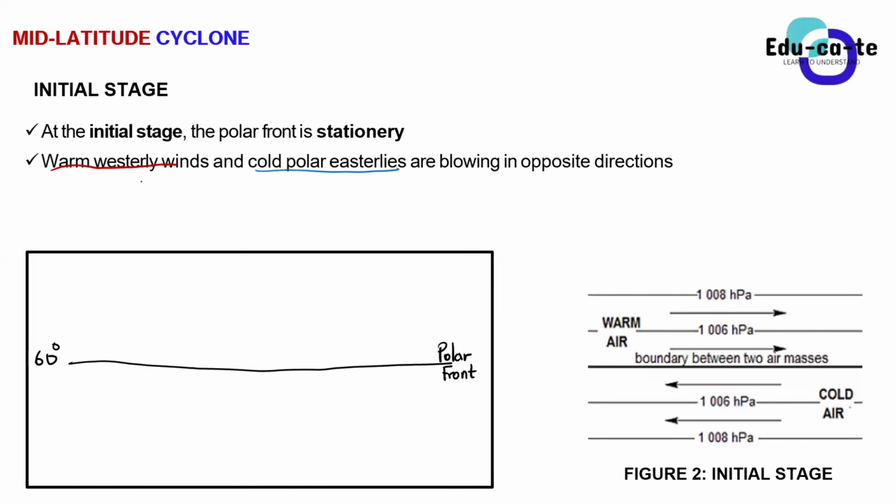Remember the warm westerly winds, the warm westerlies, right? And we're having cold polar easterlies, and these are blowing in opposite directions, guys. It means that they are converging actually. Because remember that if we are moving in opposite directions, it means that we're going to meet.